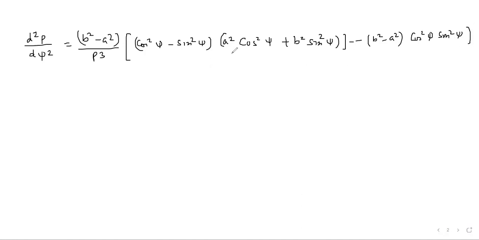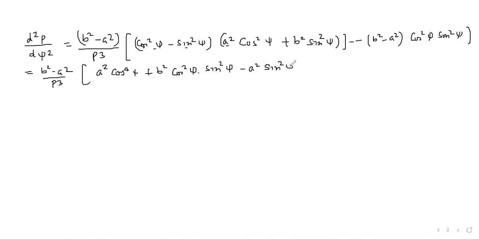Further, we open the bracket. So we will get (b² − a²)/p³ times: we multiply this, a² cos⁴ψ, then cos²ψ is multiplied to this, so this will become b² cos²ψ sin²ψ. Then we multiply these two, so minus a² sin²ψ cos²ψ.